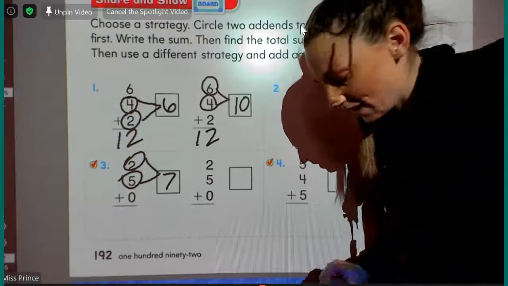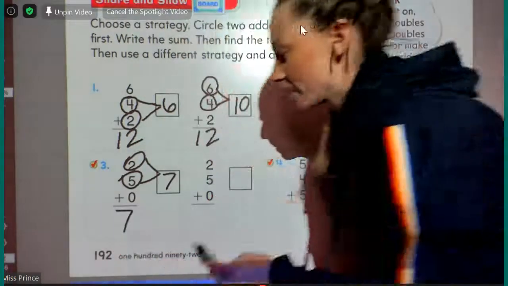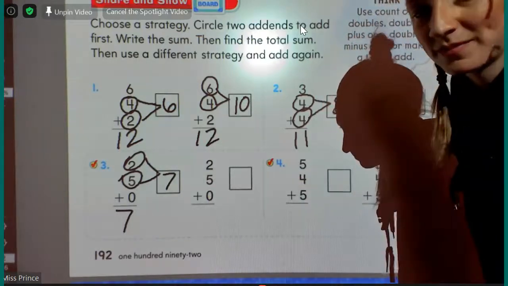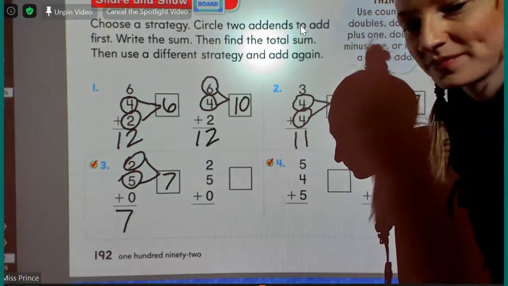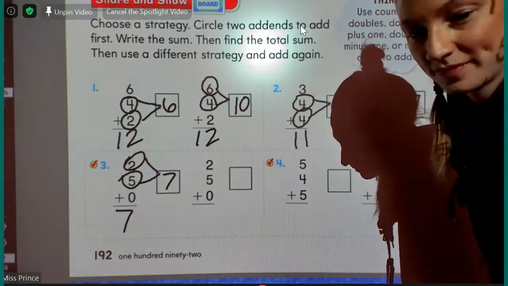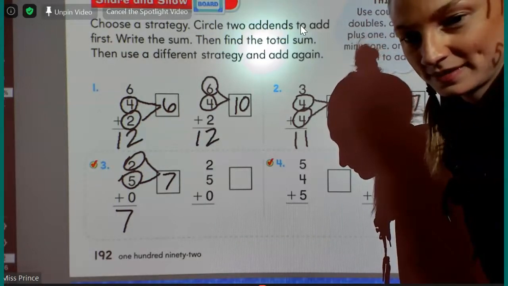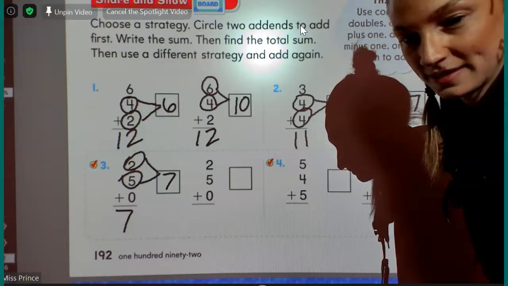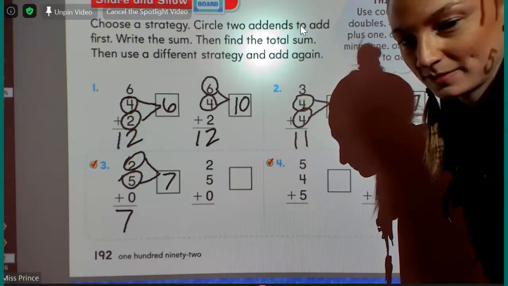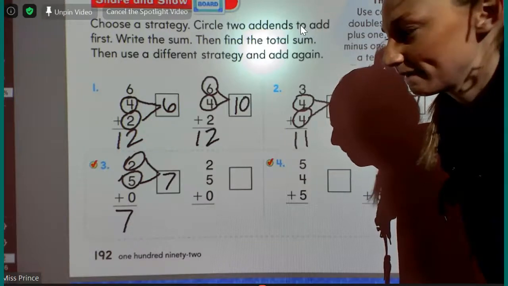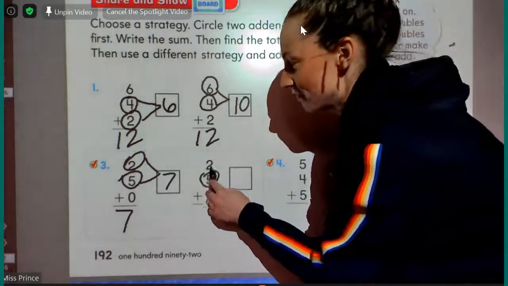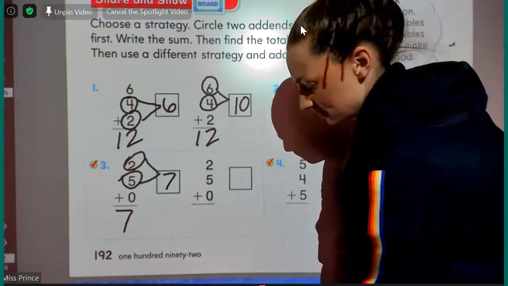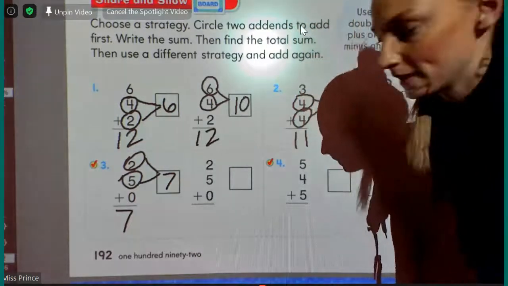7. Awesome job. Okay, Erin, choose 2 different numbers. 5 and 2. Oh, we already did that one over here. I want you to choose 2 different ones. 5 and 0.